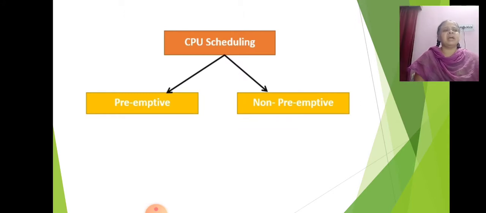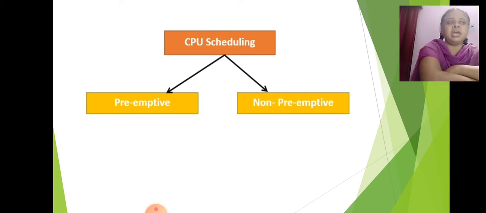But before that, we should learn about the dispatcher. I want to introduce one new term, dispatcher. This is another component involved in the CPU scheduling function. The dispatcher is the module that gives control of the CPU to the process selected by the short-term scheduler.